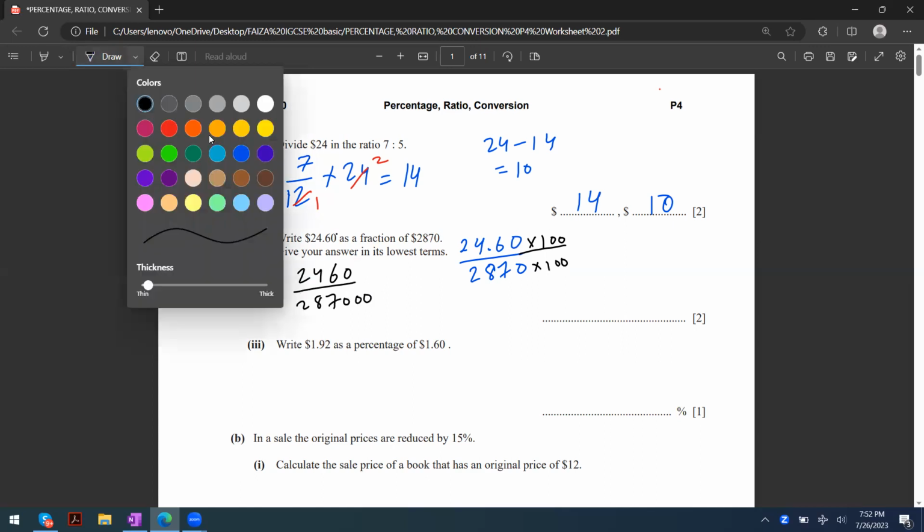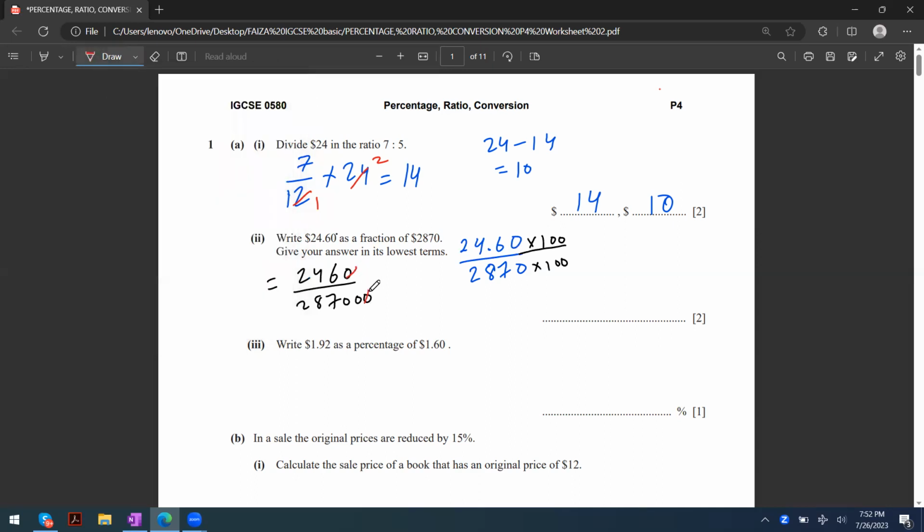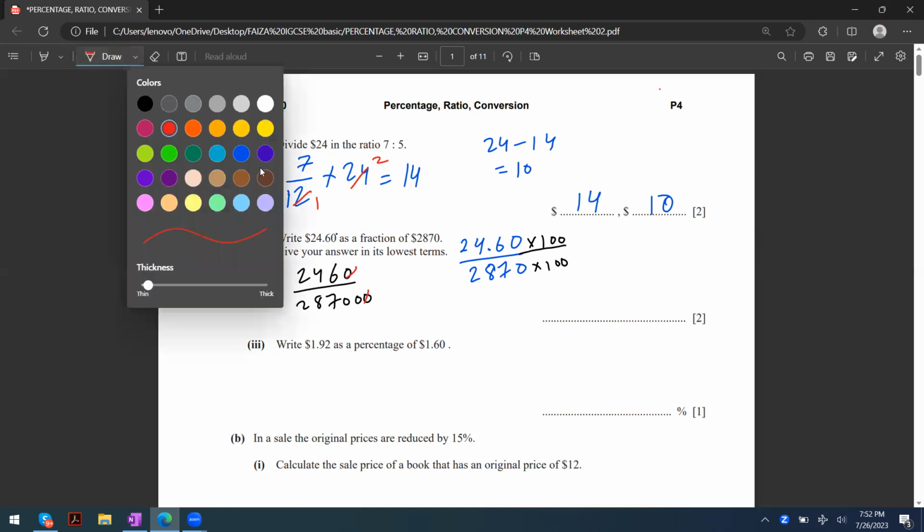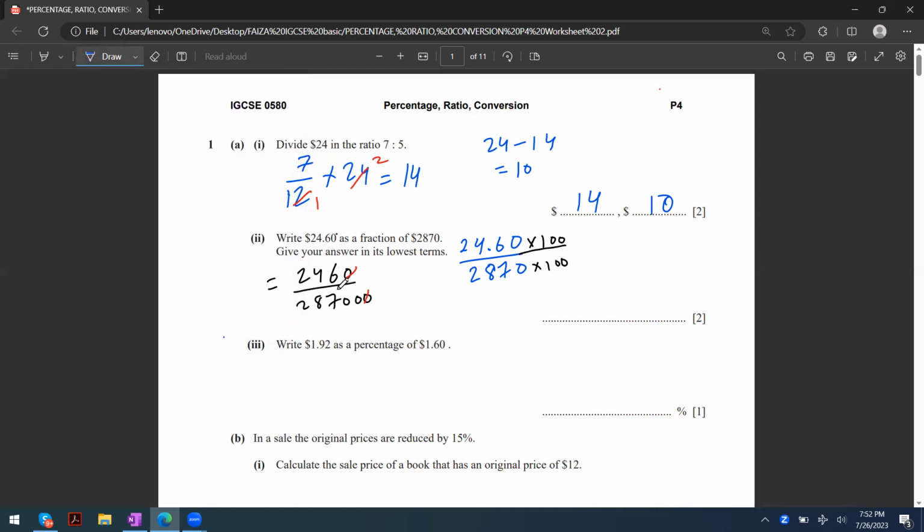Now you can start the cutting. This 0 goes with this 0. Start with 2 first. 2 ones are 2, 2 twos are 4, 2 threes are 6, 2 fours are 8, 2 threes are 6, 2 fives are 10, 0.